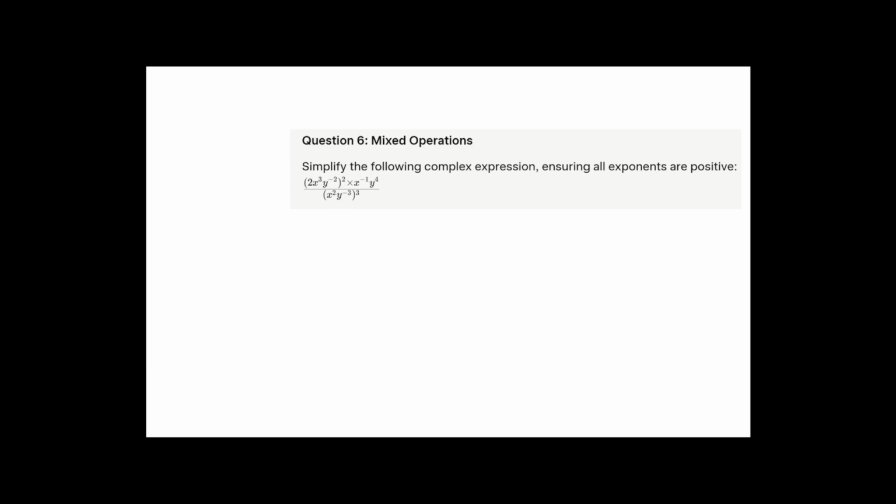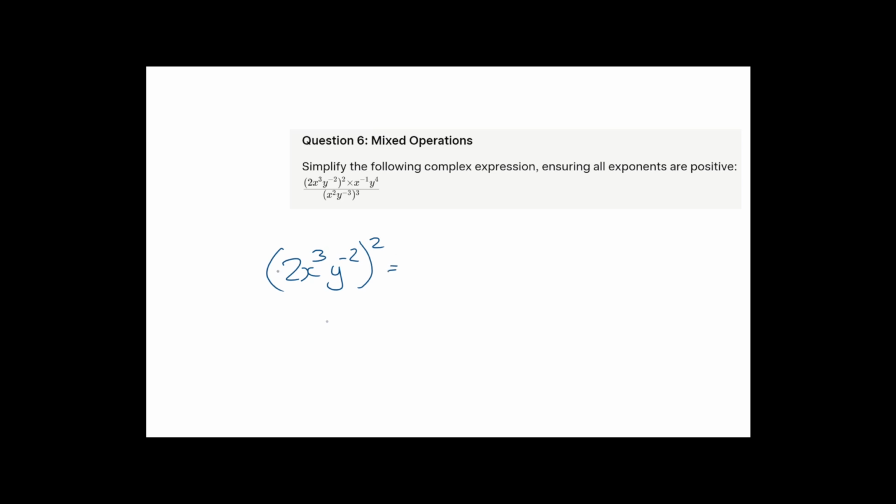This one's going to need a little bit of work. Let's expand out these brackets first. So this is the bracket that's on top, and we want to square all of that.